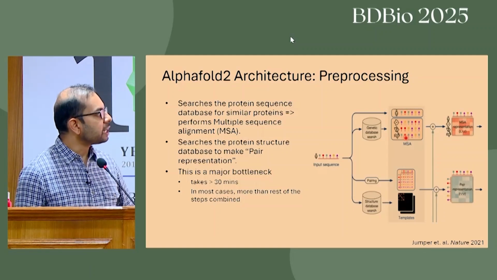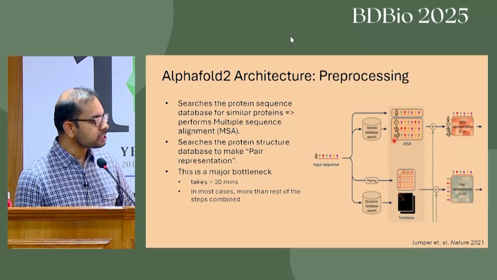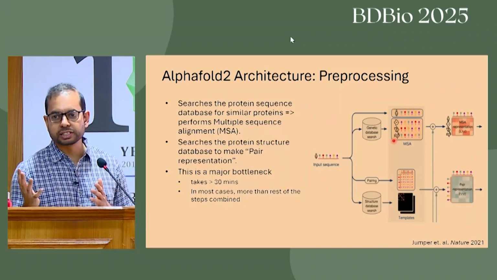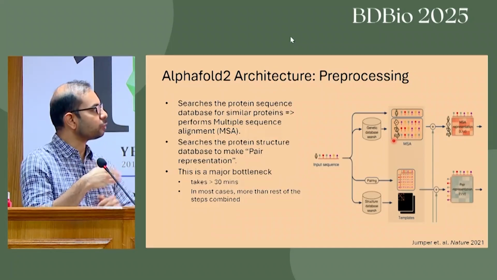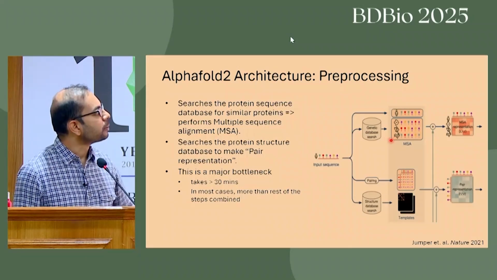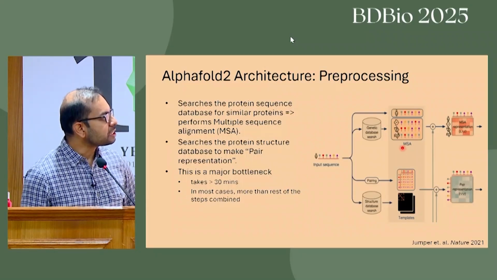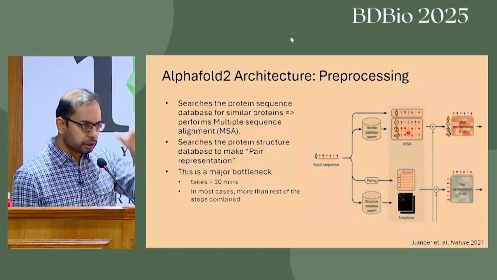The idea is that proteins which are very similar in sequence will form a similar structure, which means that they're evolutionarily conserved, which means that if they have similar parts across these sequences, those parts are more important than the other parts, the parts which are conserved. So they do the sequence search, and then they run a multiple sequence alignment to make sure that the parts which are similar are aligned with each other in the columns, right?